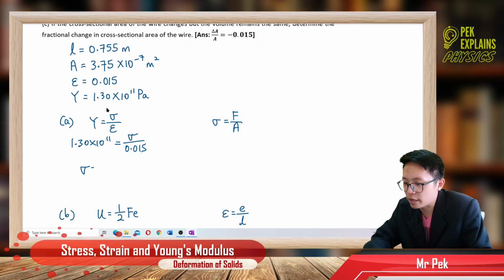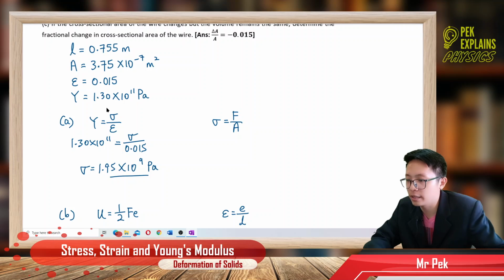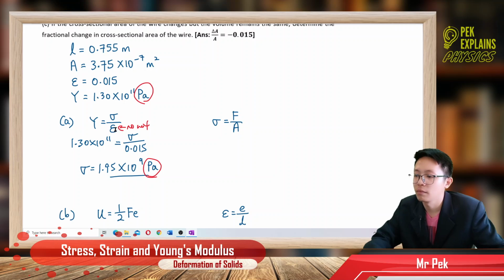So what's my stress? My stress is 1.95 × 10^9. What's the unit? Pascal. Everything in SI unit because my Young modulus is in Pascal, so my stress is also in Pascal, the same unit as the Young modulus, because the strain has no unit.